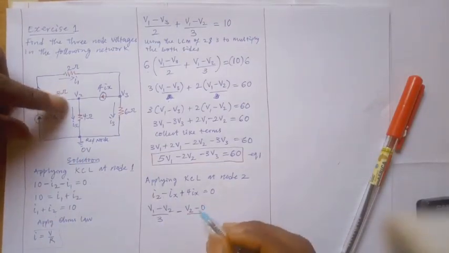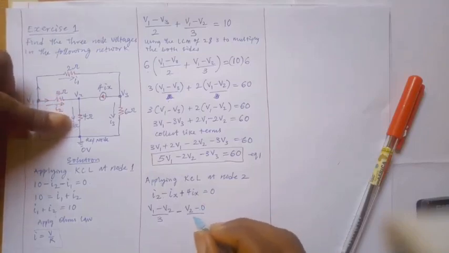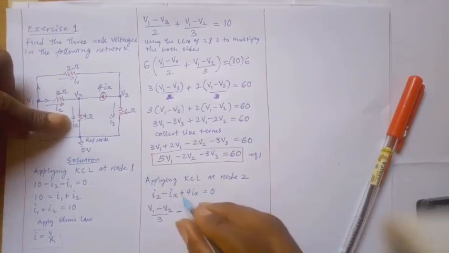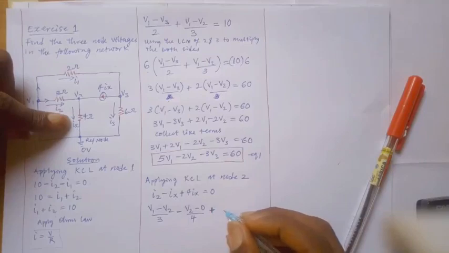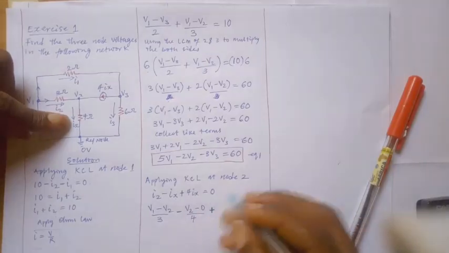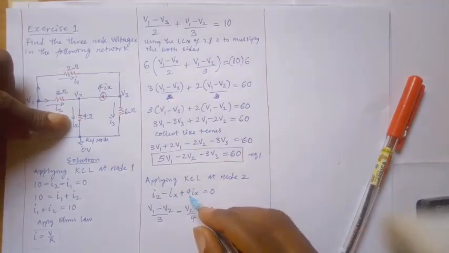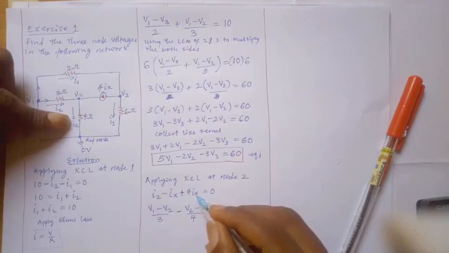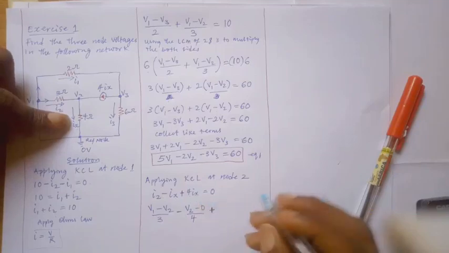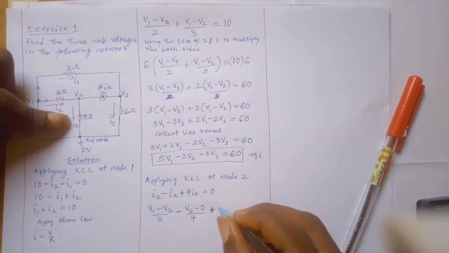Over the resistor is what? 4 ohms, right? Now, don't forget the sign plus. We have plus here. Plus sign. Now, you know we already have 4 here, and the Ix is here. Ix. So it will now be 4 into bracket.